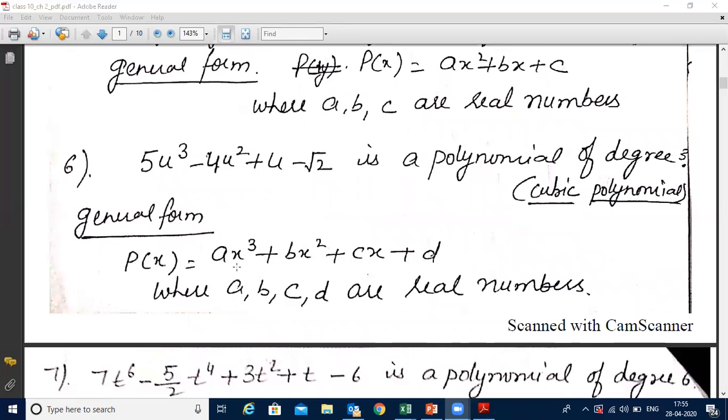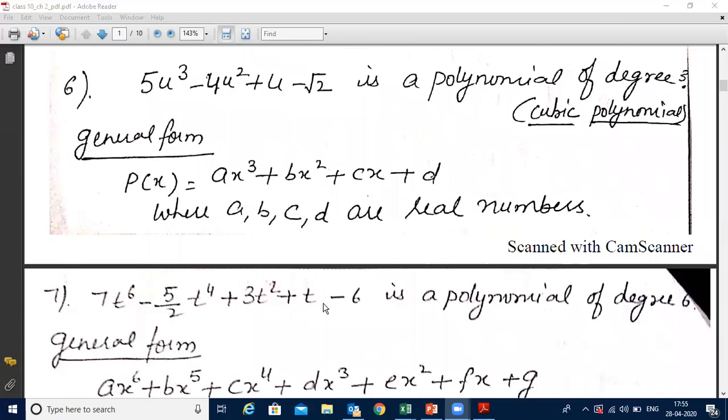Firstly, I have written the term having power 3, then the term having power 2, then cx having power 1, and in the last the constant term. So this is the general form of the cubic polynomial and also the standard form, where a, b, c and d are real numbers.